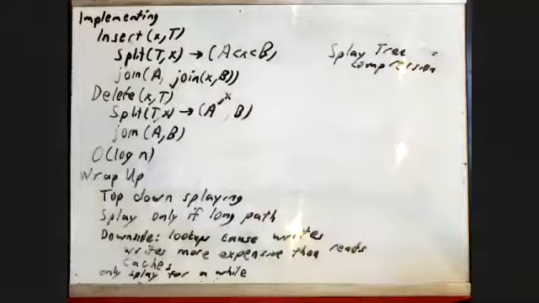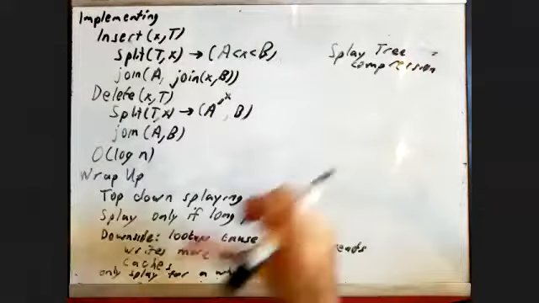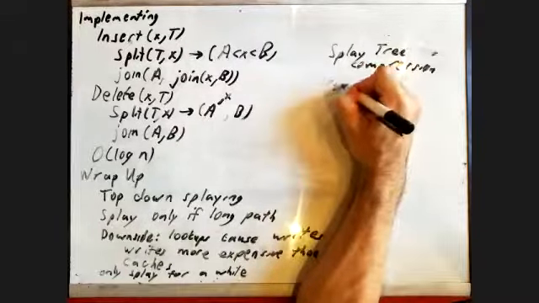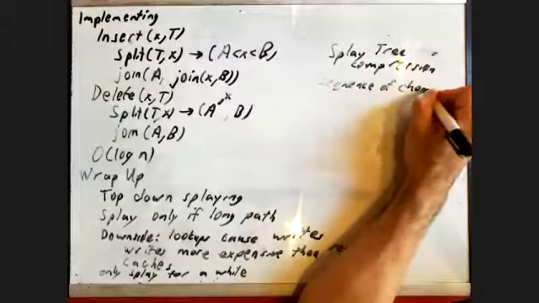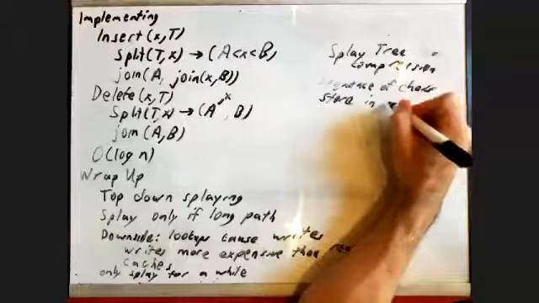So what you do is, you suppose that you want to compress a sequence of characters. What you do is you store them in a splay tree.